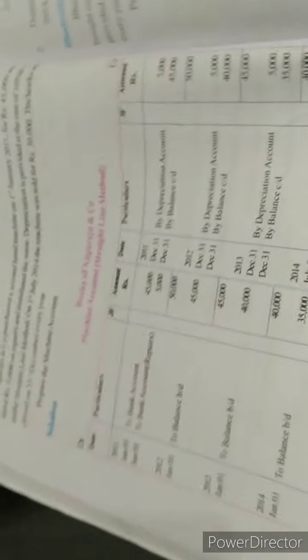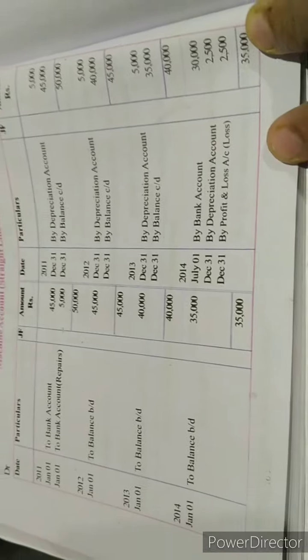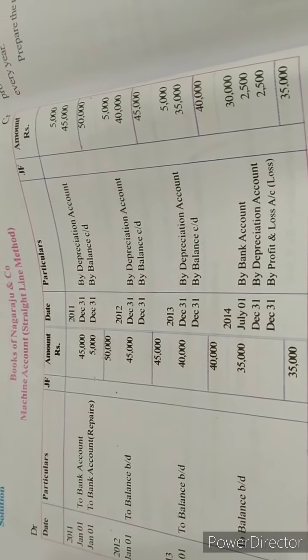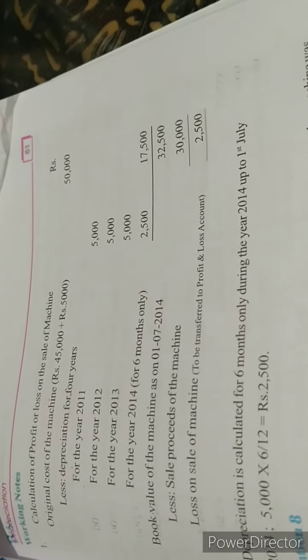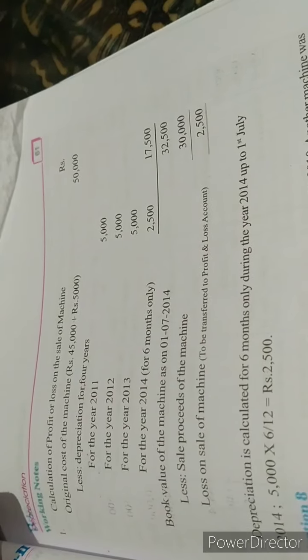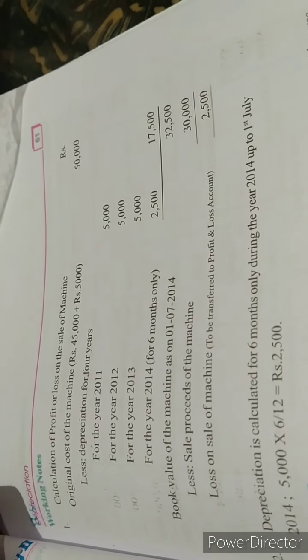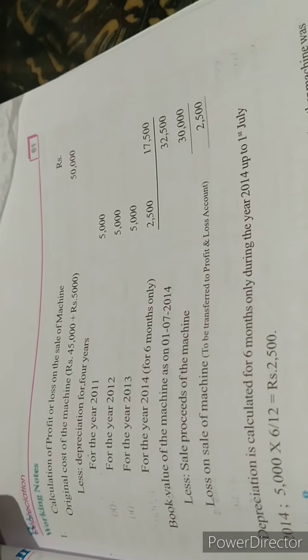So this is about your illustration 7, children. Have a look in your textbook. After you see this class, I am going to soon take a snapshot of these papers and I'll send it to you. So this is how the working notes are to be done, very clearly given.